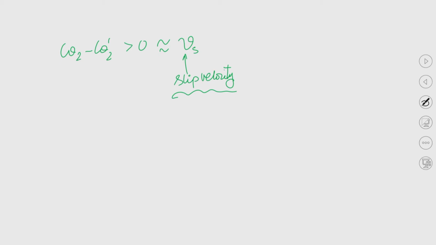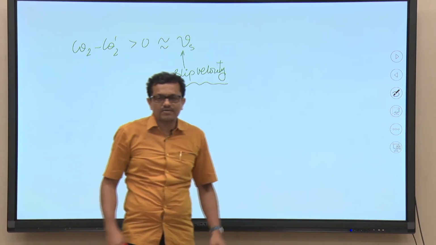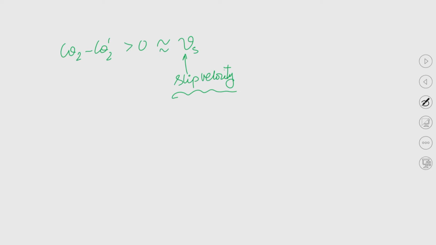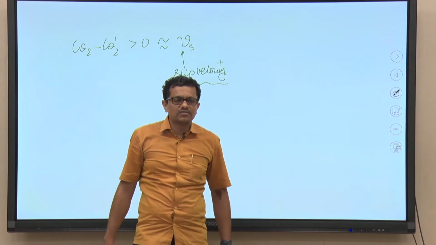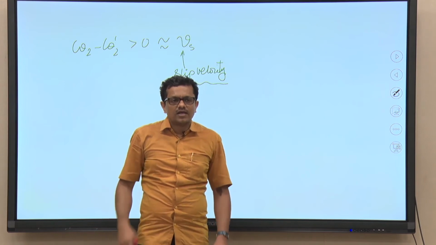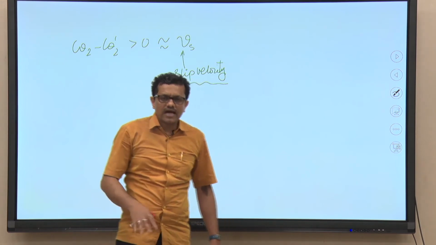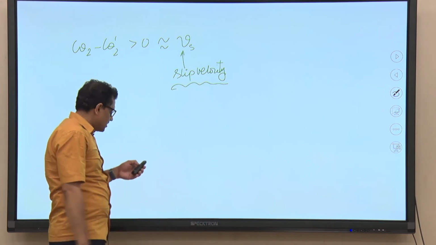Now, the question is, in the last class we discussed that we will try to establish an expression of the slip velocity in terms of the design parameters of the pump. There are different models available, but we will be focusing on the model proposed by Stodola.